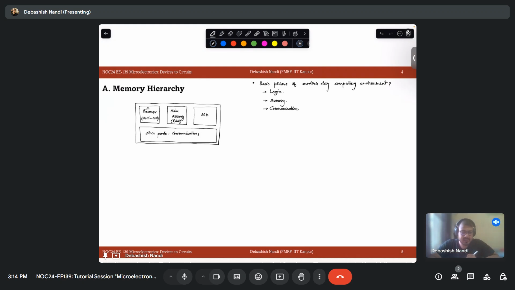Switches, duplexers, LNAs, that is low noise amplifiers, power amplifiers, RF front-end modules. These three things are basically called RF front-end modules, filters, everything, right? Those come into the communication block.